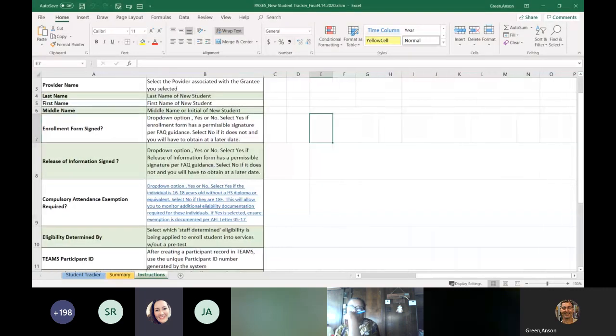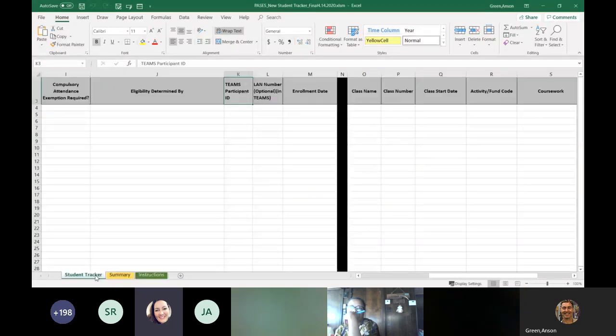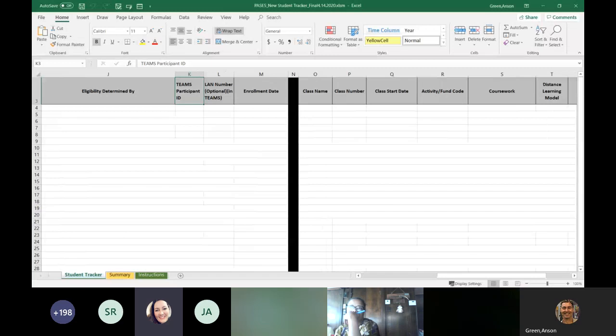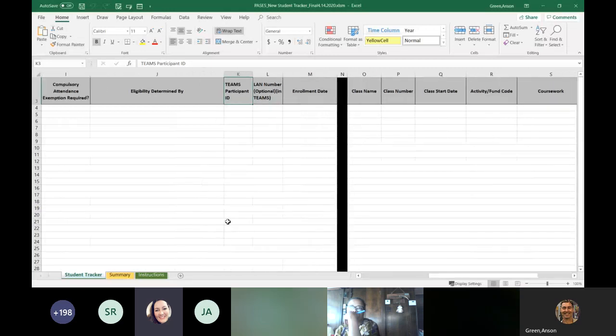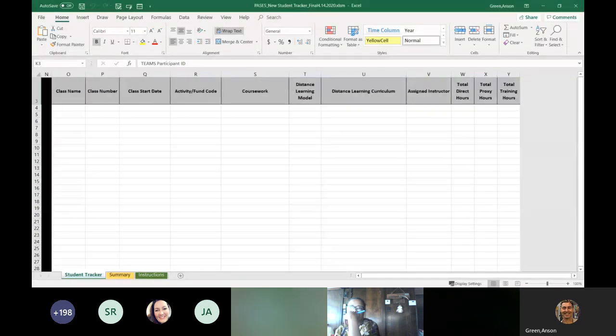So you kind of have everything there for you, but on the actual tracker itself, you'll notice, Anson, if you'll go to the coursework tab, we've tried to create the drop downs just as they are in Teams.